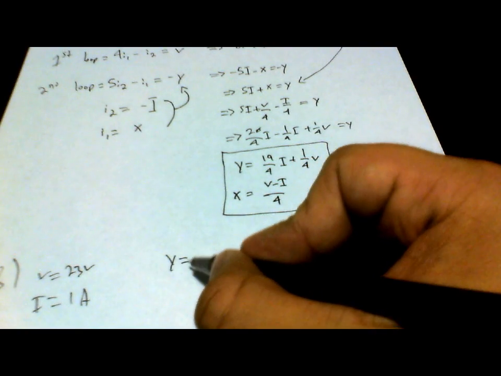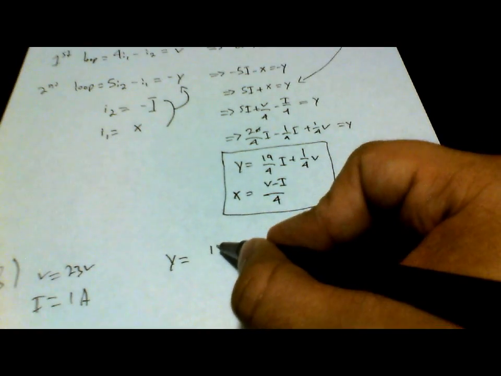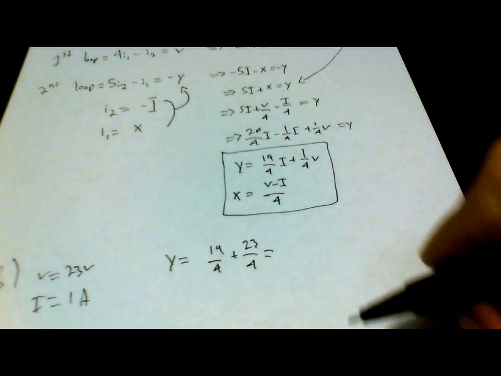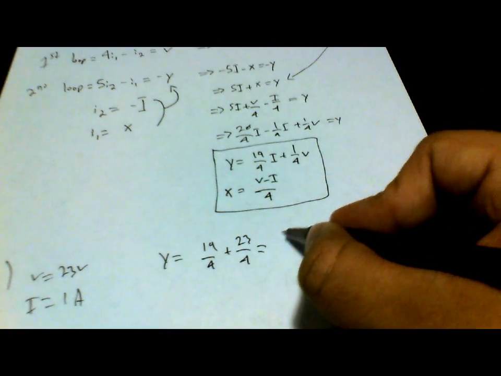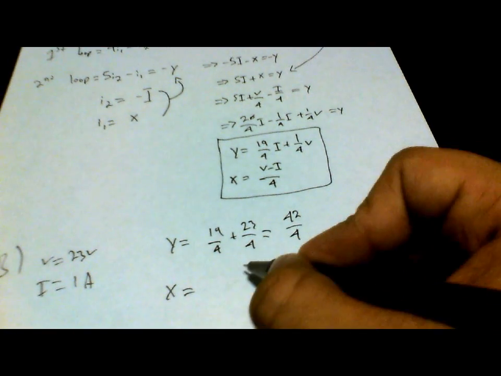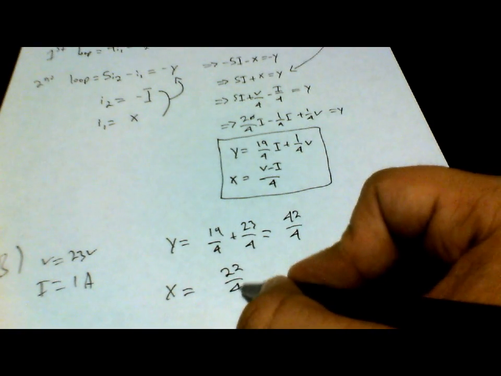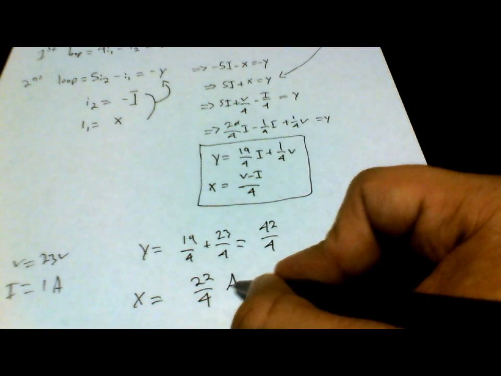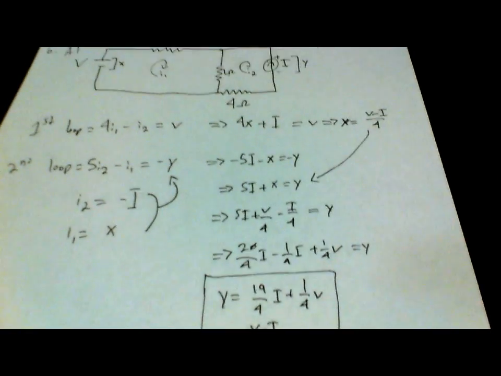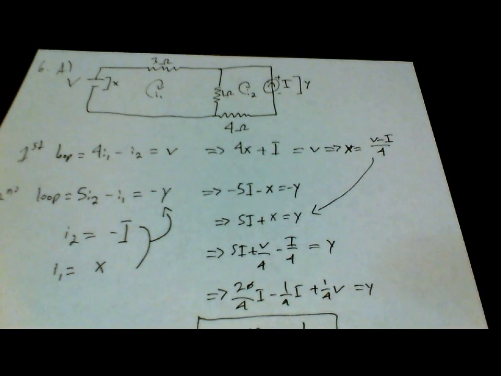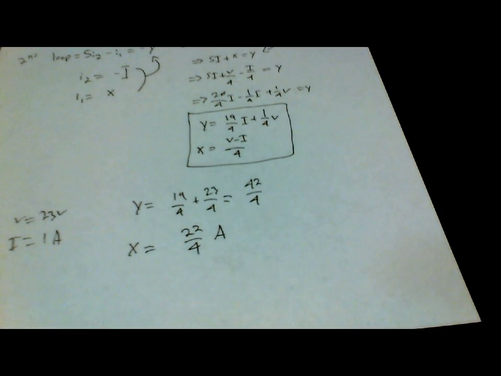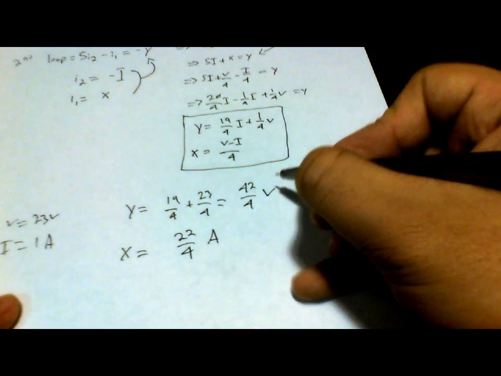So Y is going to equal 19 over 4 plus 23 over 4, which is 42 over 4. X is just going to be 22 over 4. So X is 22 over 4 amps, because X, if you look up at the diagram, is the current across the voltage source. So this is 22 over 4 amps, and Y is 42 over 4 volts.